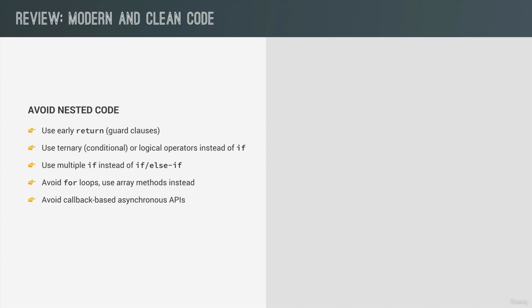Guard clauses basically simply means to use an early return in case some condition is not met. Also, you can use the ternary operator or even logical operators instead of an if statement, because the ternary operator, of course, does not create a new code block, while the if statement does.